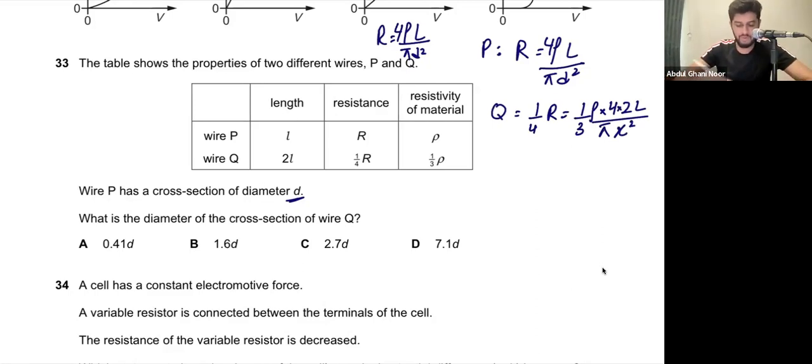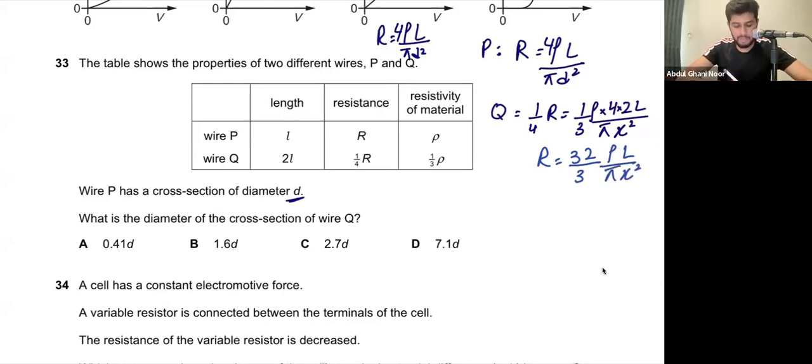Now let's try to simplify. I get R equals, this 4 gets multiplied to the other side. 4 4s are 16, 16 2s are 32, 32 upon 3 rho L upon pi x squared.